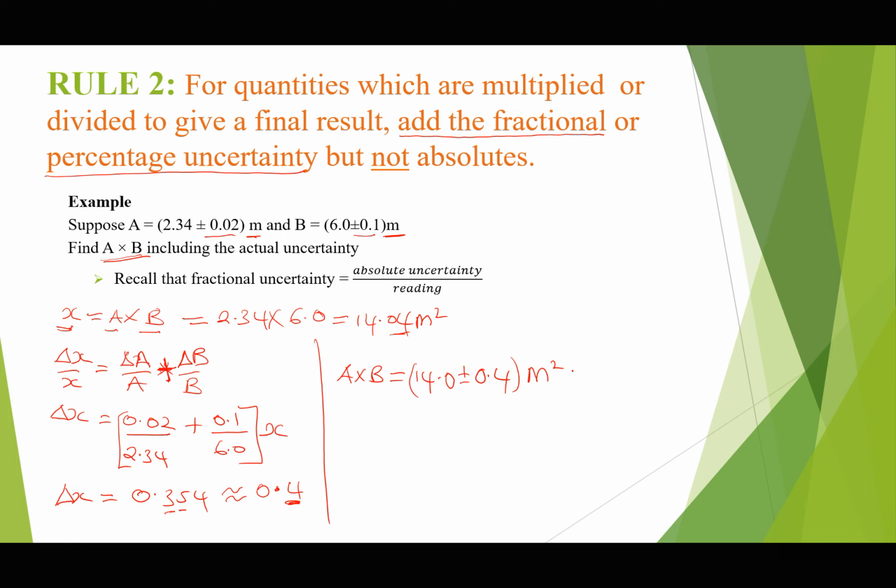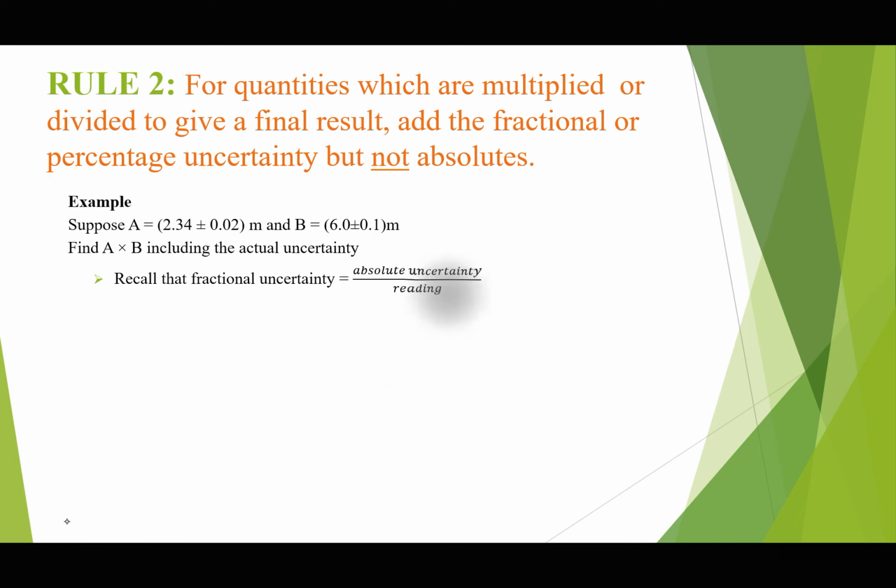So we have applied the rule on multiplication. It is the same rule on division. By the way, I would have used the percentages, but there is no difference with the percentages. Why? Let's check. I think in my next slide, I have enough space to deal with percentages, so let me move to the next slide.